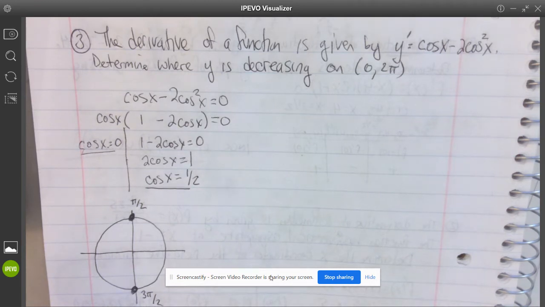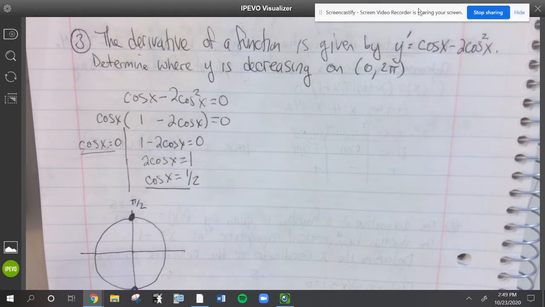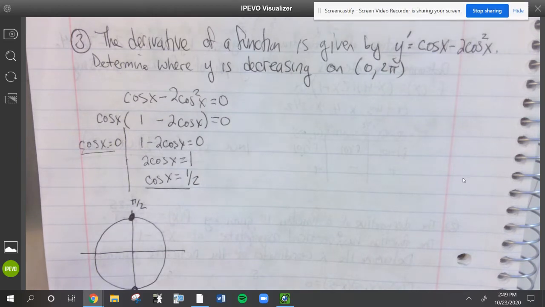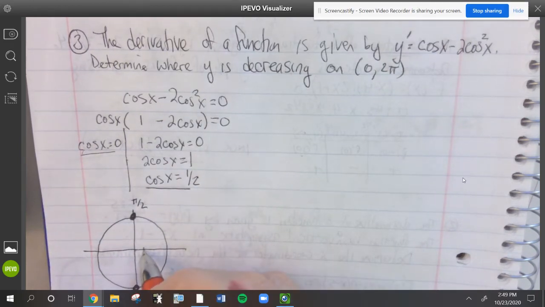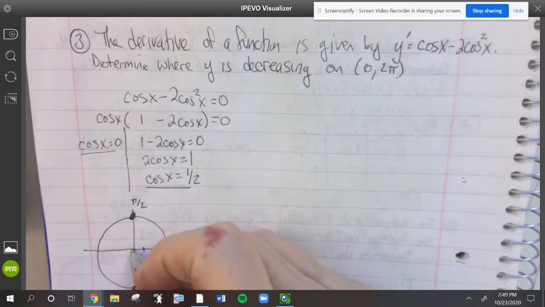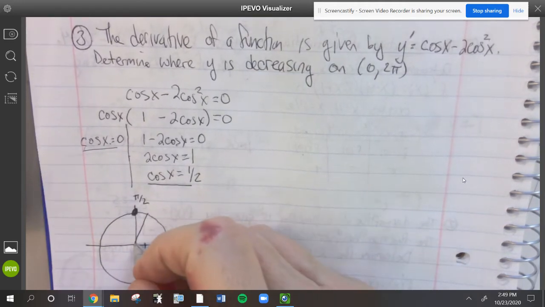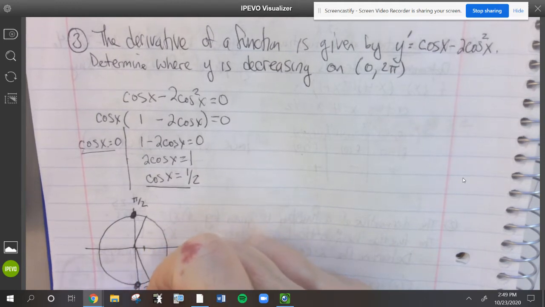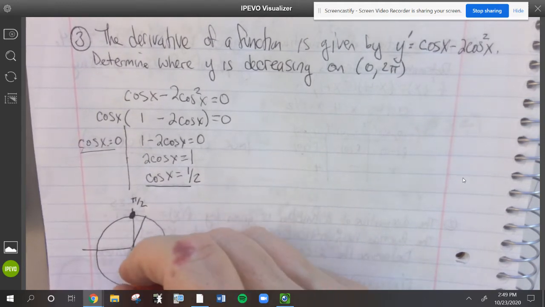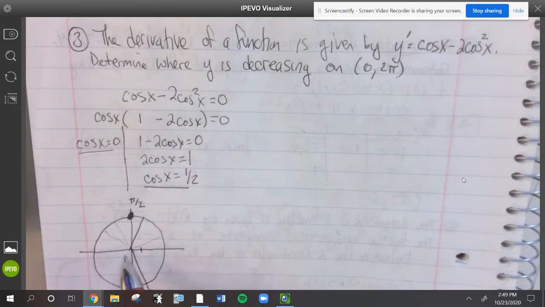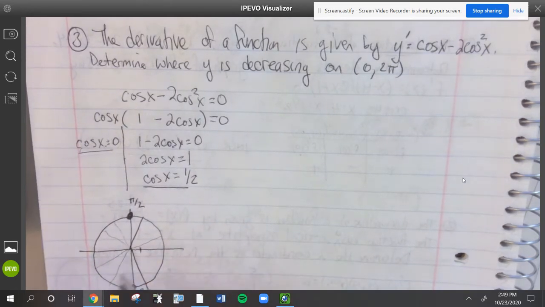And then we have to figure out where cosine is 1/2. Again, cosine is x. So here's about where x is 1/2. So we're on this spoke and this spoke. And I'm just going to fill out my other spokes for counting purposes.